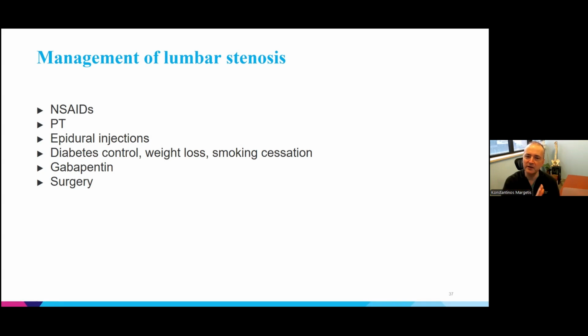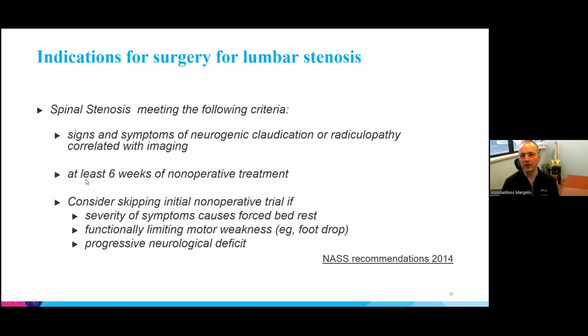So if there is a degree of nerve compression and there's uncontrolled diabetes, then the damage that happens to the nerve is much worse compared with a case where there is no diabetes or no uncontrolled diabetes. We can try gabapentin, which can be effective, and it's a very safe pain medication, as safe as a pain medication can be. And in cases of refractory symptoms, we can consider surgery.